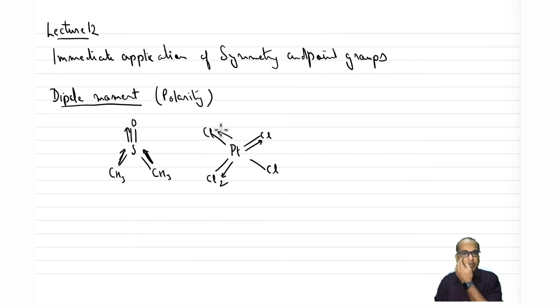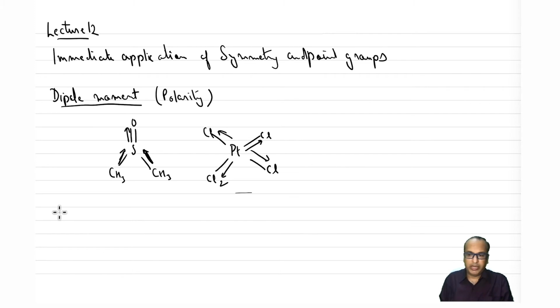Similarly, here it will cancel with this. So this one will not have any net dipole moment, or any molecule in such geometry may not have a dipole moment, but this molecule will have a dipole moment. So this molecule will be called a polar molecule, and this will be called a non-polar molecule, right? So let's see, with the rules of symmetry and point groups, can we identify whether a molecule has dipole moment or not?